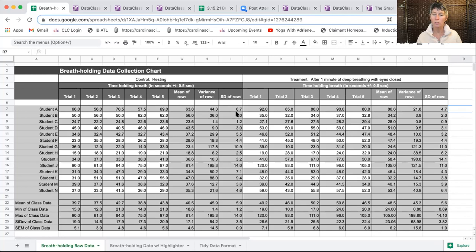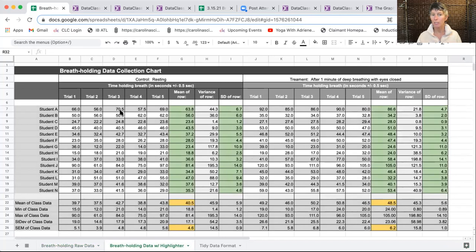Each student can relate to their own row of data because it's personal, whereas another student is going to have a different mean and a different standard deviation. However, as a class, we would have the class data as well. So I have my students take a look at this data set and then think about which remarks they might make based on what they're going to talk about.